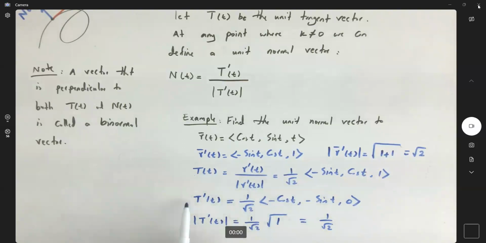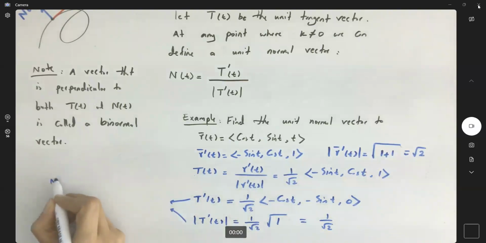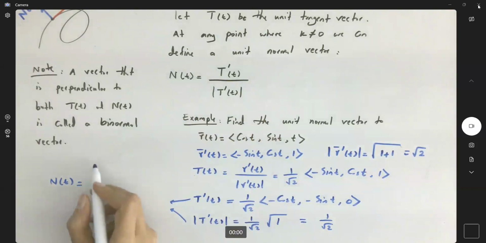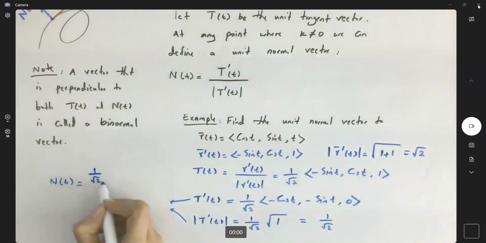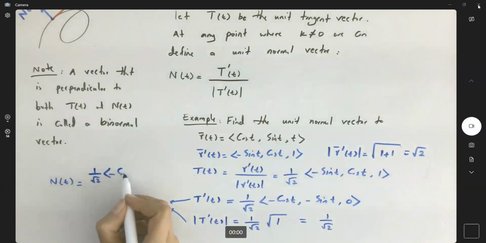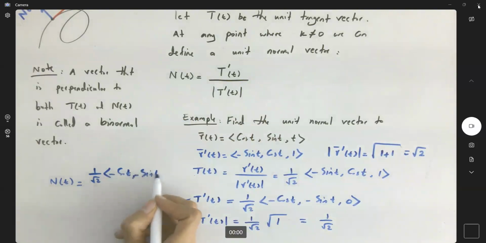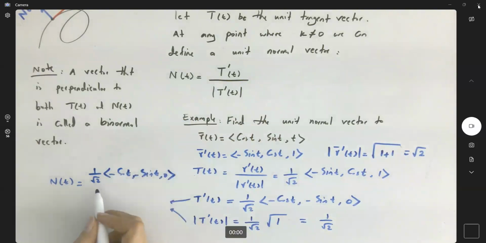Now let us take these and use the unit normal vector formula, T prime divided by the magnitude of T prime. So here we have 1 over square root of 2 times negative cosine t, negative sine t, and 0, divided by 1 over square root of 2.